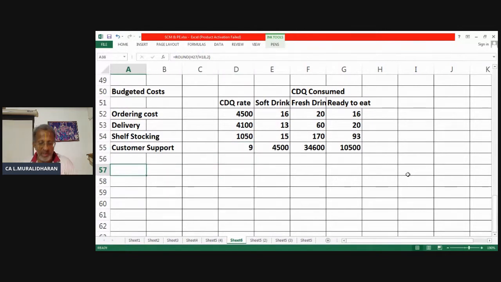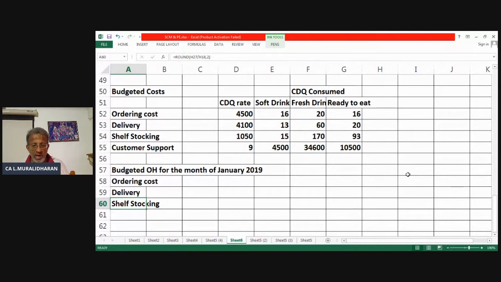Now let us arrive at the budgeted cost. Budgeted overhead for the month of January 2019: ordering cost, delivery cost, shelf stocking and customer support. Now, how do we arrive at this? This is nothing but 4,500 multiplied by 16.